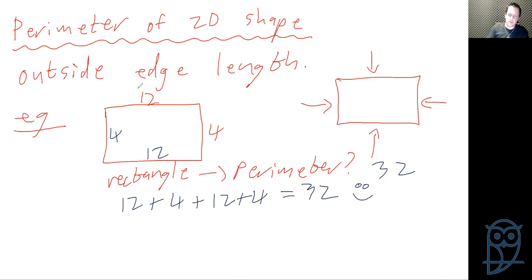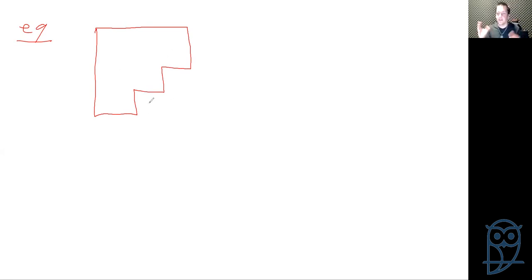Now, you can also get the perimeter of different, maybe more complicated, shapes. So what if I have a shape like this? This is not a normal rectangle or square, it is a sort of irregular shape.